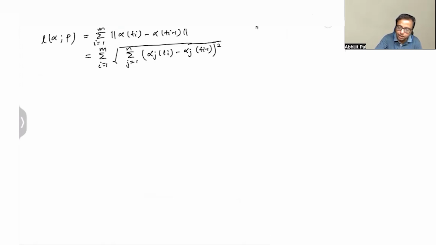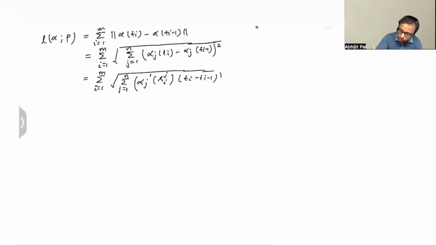So we can apply mean value theorem. So this is equal to summation i equal to 1 to m, root over the sum j equal to 1 to n of alpha j prime s ji times ti minus ti minus 1, and square of this, for some sji belonging to this interval. And this you get by mean value theorem.